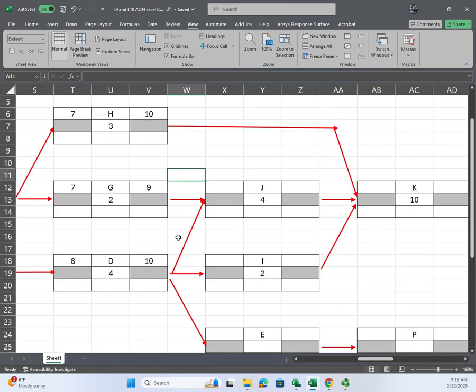Okay. Now, what do you got, Noah? Early start for J will be 10. Everybody agree? How'd you choose the logic for it? Perfect. Okay, everybody see that? You can't start that one until the one that's preceding it is actually finished.